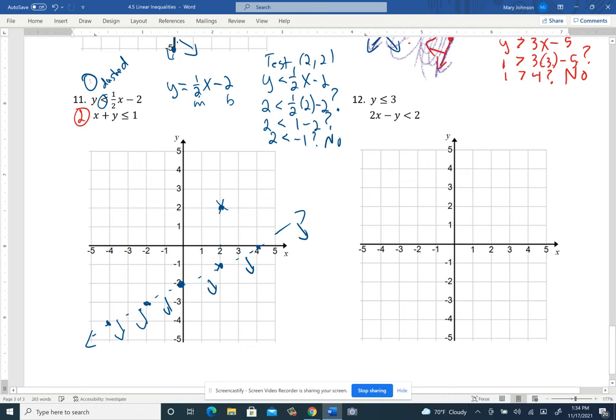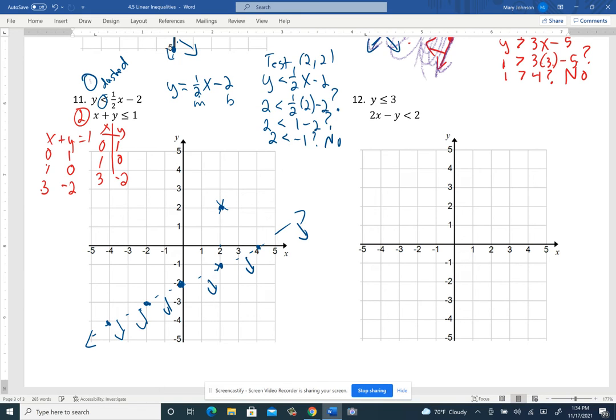And when I graph the second one, I think I'll just use intercepts. What I'm graphing is x plus y equals 1. So if I put a 0 in there, y would have to be 1. If I put a 0 in for y, x would have to be 1, or I could put a 3 in for x, and y would have to be -2.